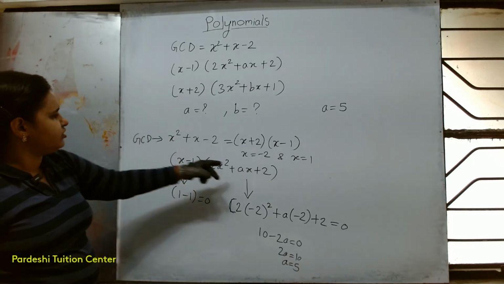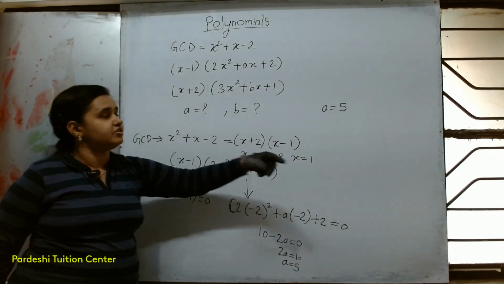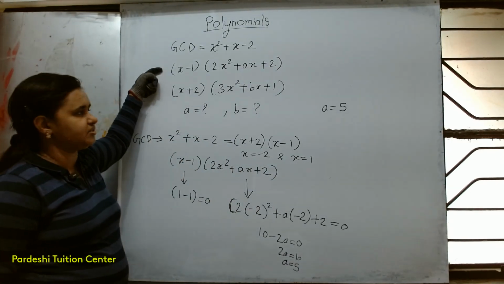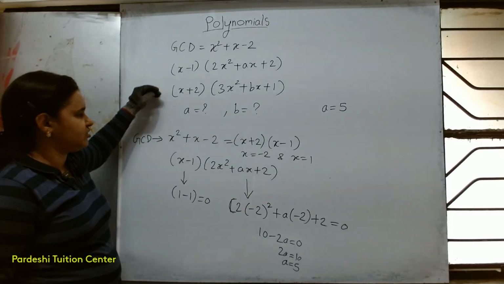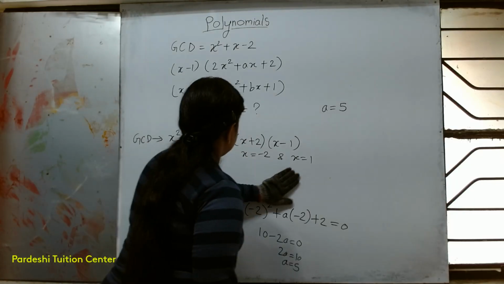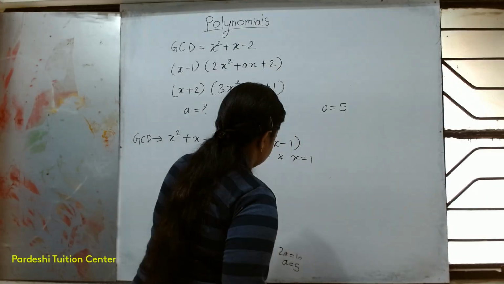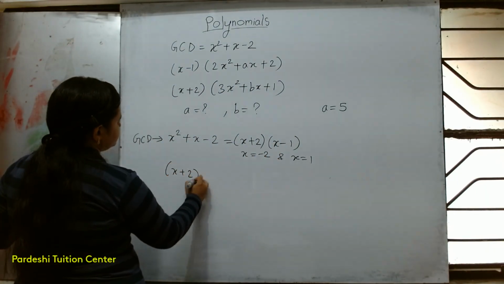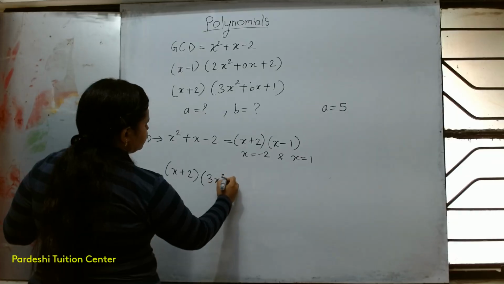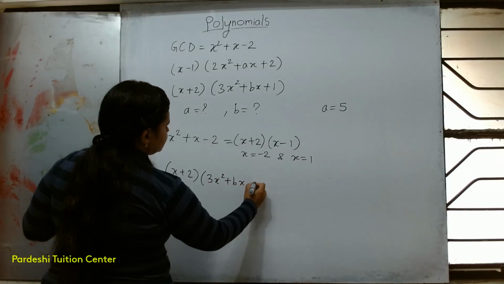Now we have put x equals minus 2 and x equals 1 in the first expression. Now we will put these values in the second expression. The second expression is x plus 2, 3x square plus bx plus 1.